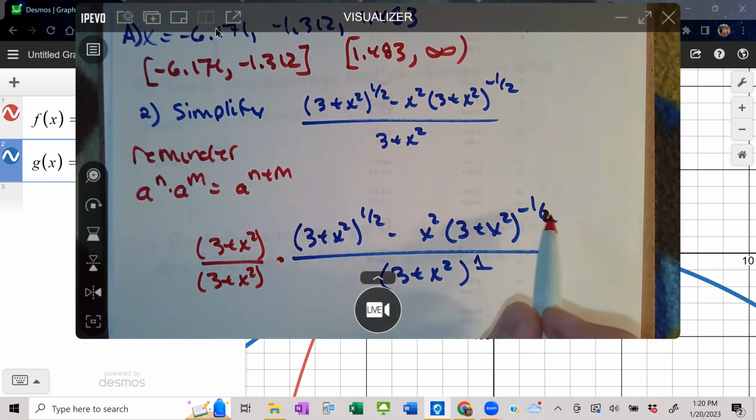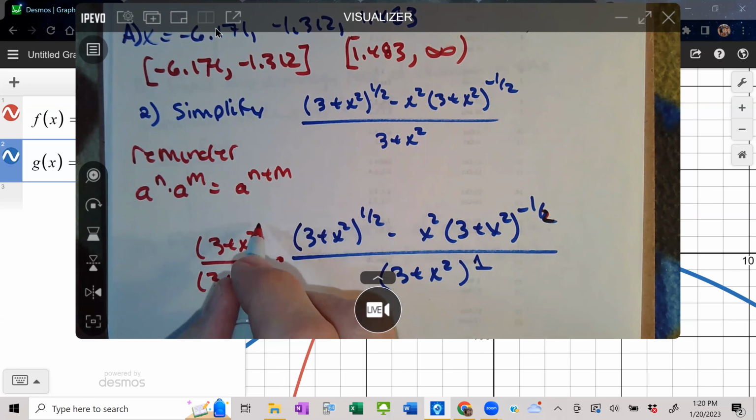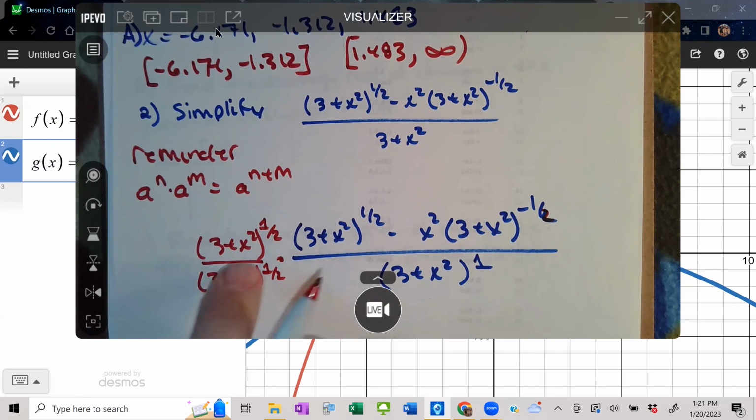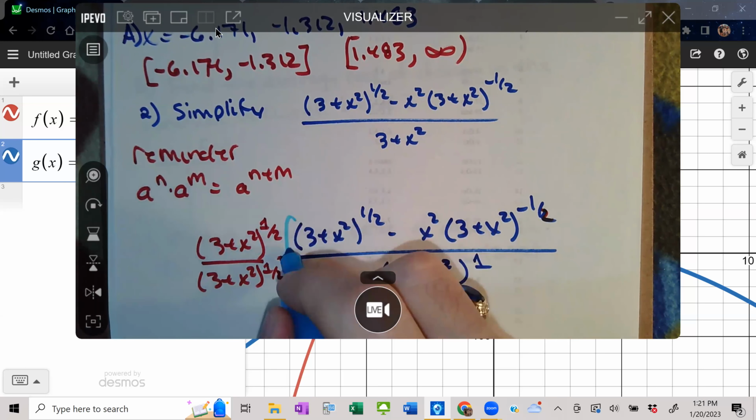But I need the right power. What would you add to this to get a 0? We'd add 1/2. So I'm going to multiply by 3 plus x squared to the 1/2 in both the numerator and denominator. So let's do this.